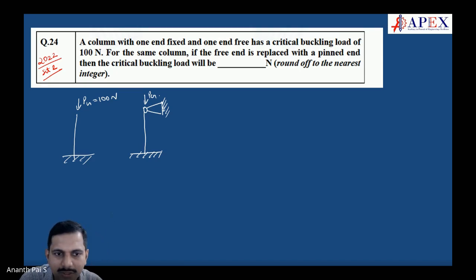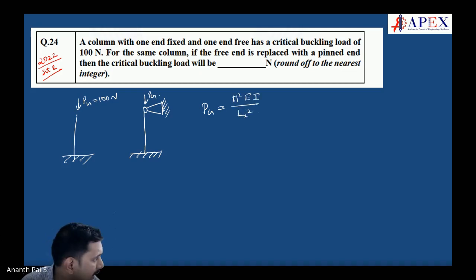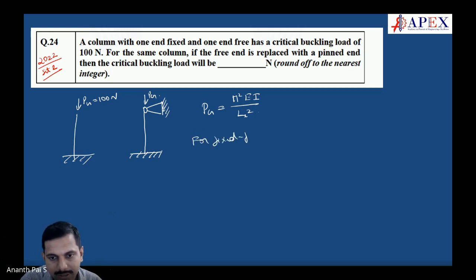P critical is equal to pi square EI by LE square, correct? So P critical for fixed free: LE is equal to 2L for fixed free, with reference to the pinned joint.